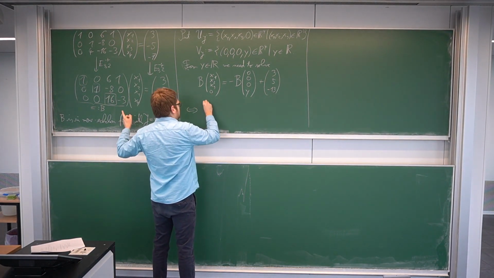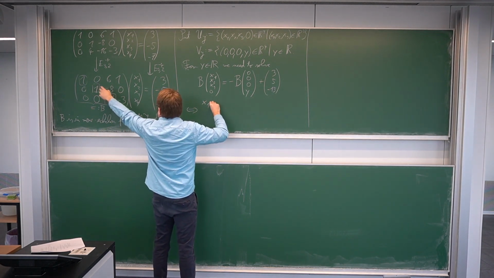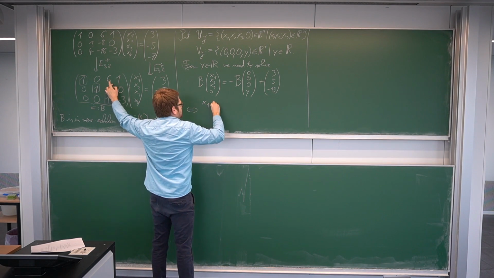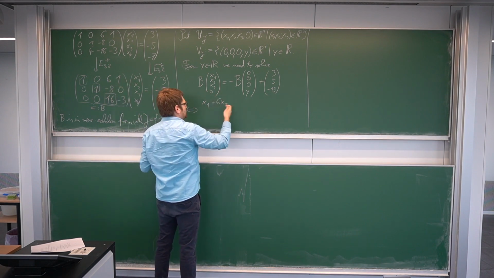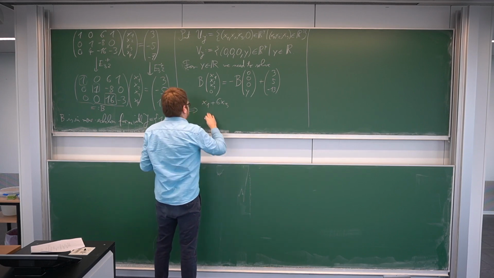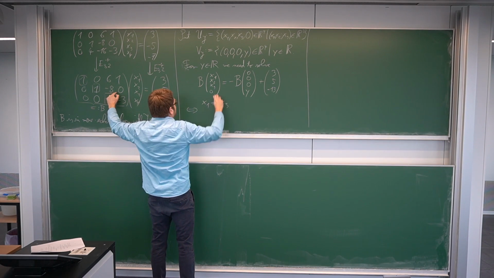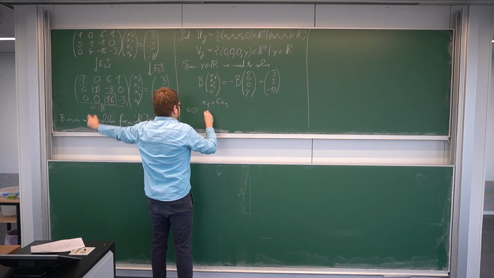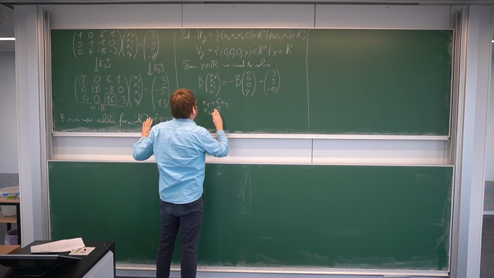This means we get 1 times x1 plus 0 times x2, plus 6 times x3, and plus 1 times 0, so nothing. This would be the left-hand side in the first row. In the second row, we get the second row multiplied with this, which would be x2 minus 8x3.